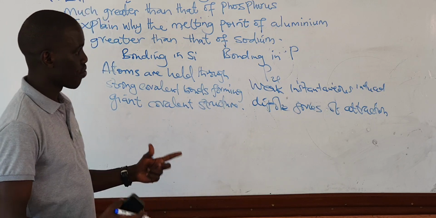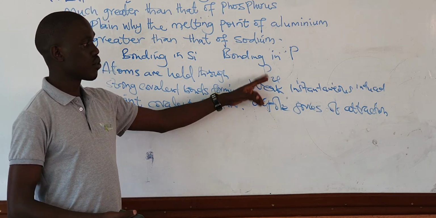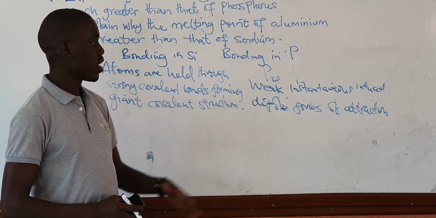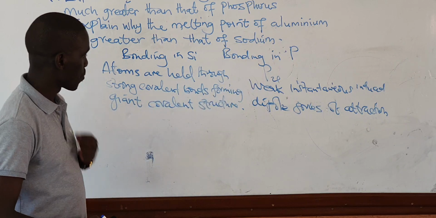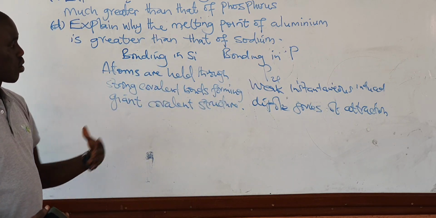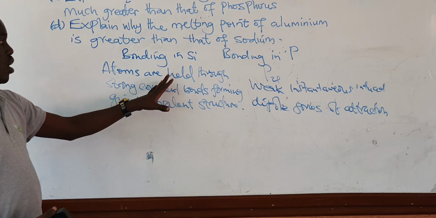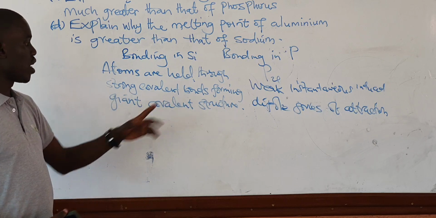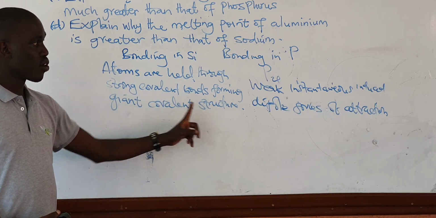So the forces holding the molecules together, they are weak. That is in phosphorus. Then in silicon, we have the atoms held through strong covalent bonds forming giant covalent structures.